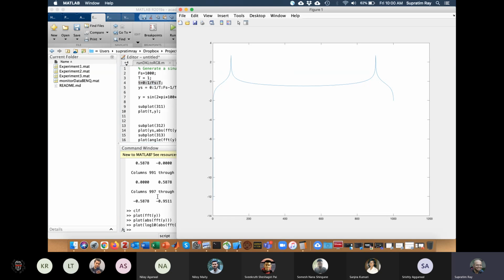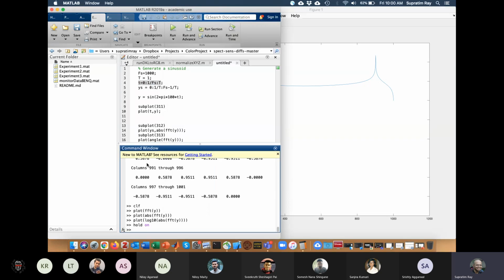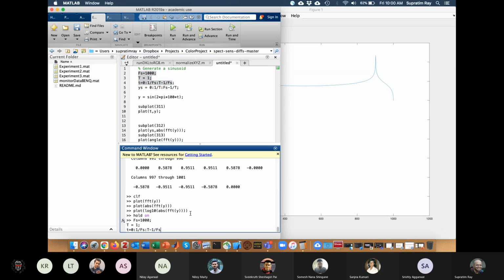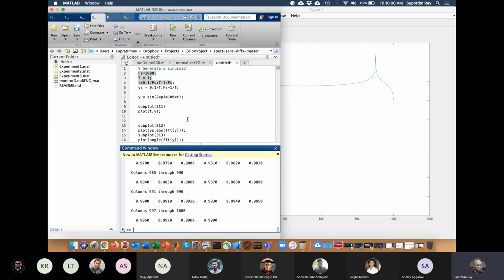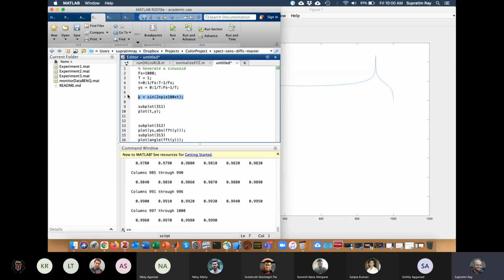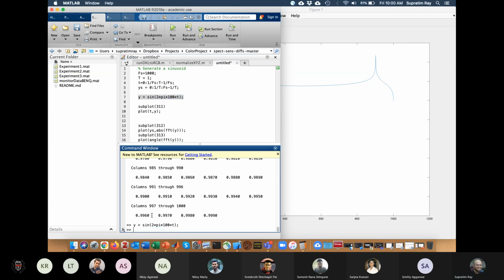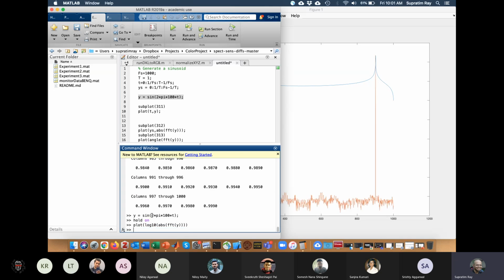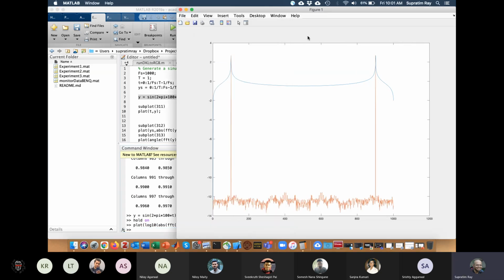If I just hold on here and compare this to t minus 1 by fs, it's just one sample that is less. Okay, and compute this and hold on and plot. Look at this.